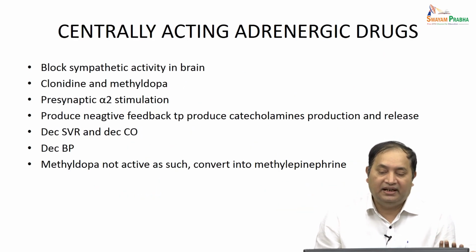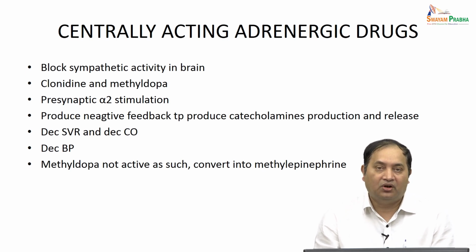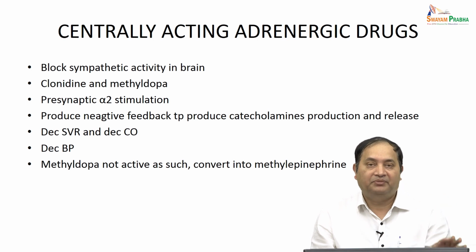Now, look at the centrally acting adrenergic drugs. I have already said, centrally acting, like methyldopa and clonidine. Basically, they block sympathetic output in the brain because they act on presynaptic alpha 2 receptors as agonists.